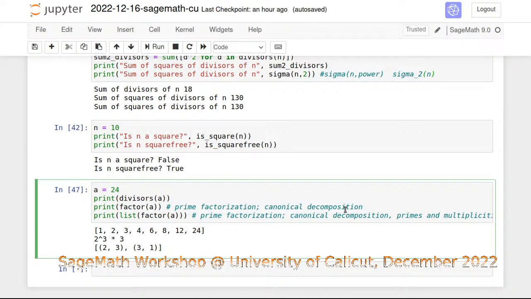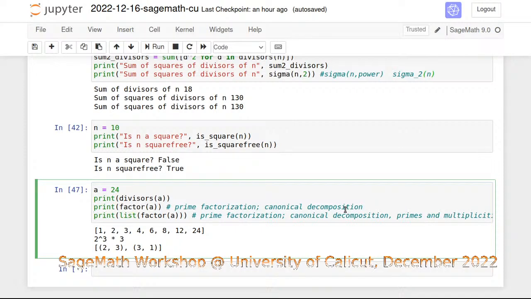Once you get a divisor, you can divide 24 by it and take the rest to be the other factor, if that is what you have in mind.